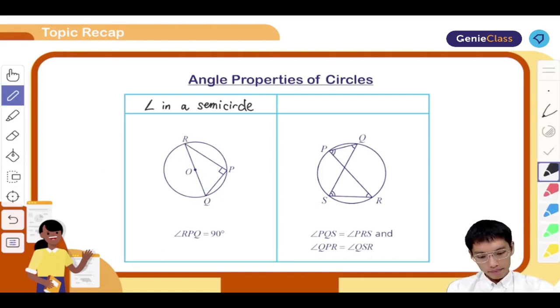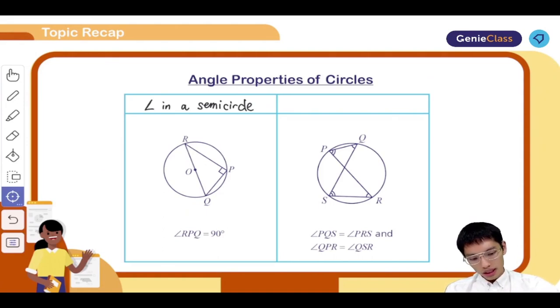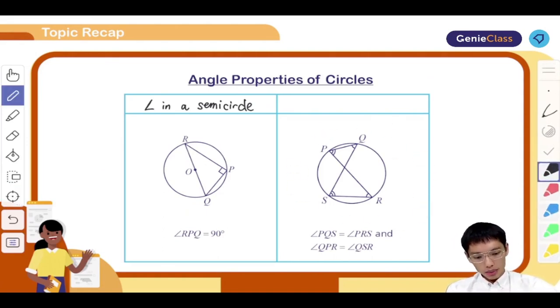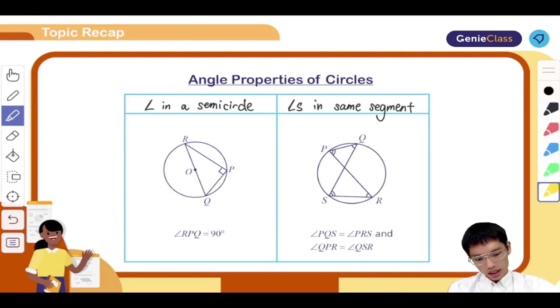Next one over here. What do I call this particular one? Now, this is the one that confuses most people. What do I call this property over here? For this one, I think it takes a while because it's hard, but it's angles in the same segment. For this one, I will do a little bit of guidance. What is in the same segment over here?